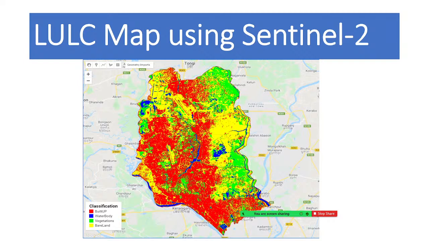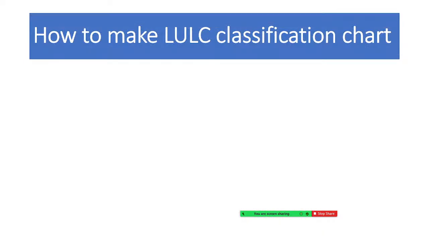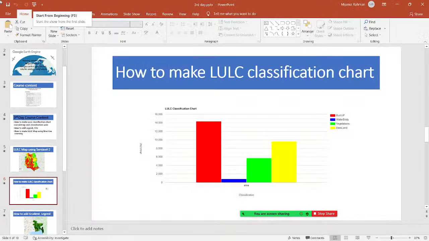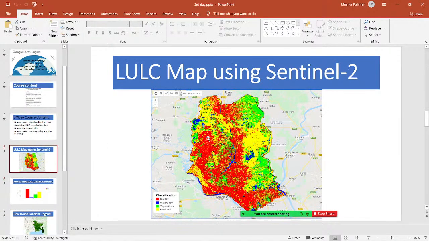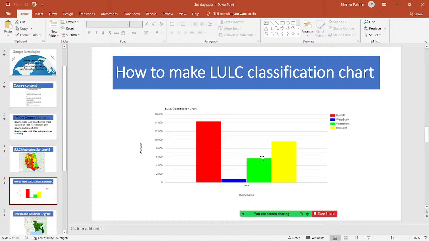So first of all we will complete this in our area, then move to the chart: how you can easily make a chart like this, showing how much area is available for built up, water body, vegetation, bare land, or however many classes you want to classify.